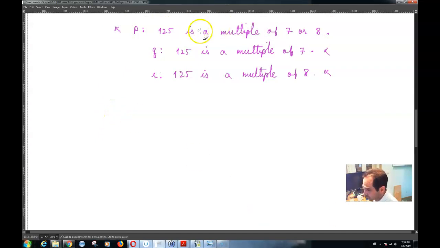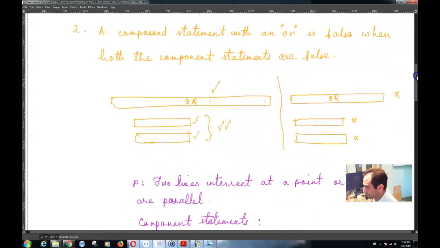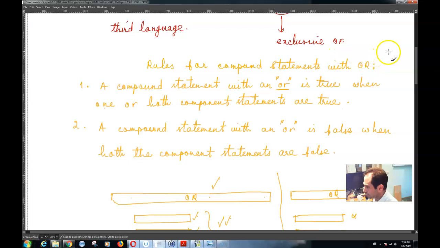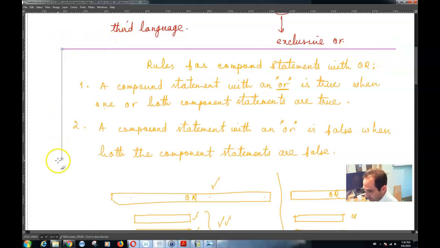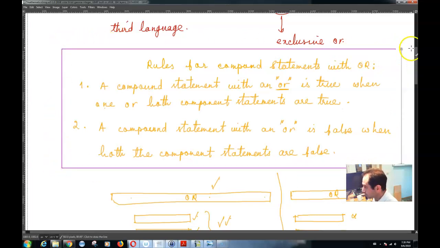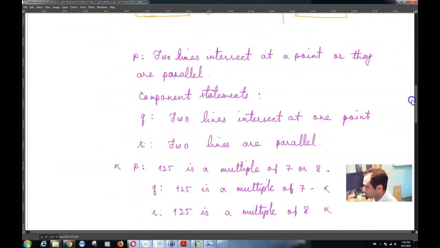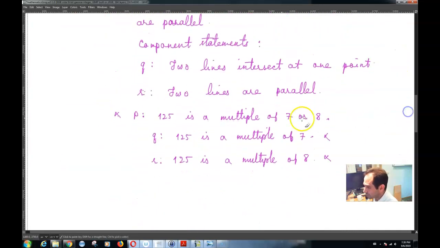Now, there is no rule to think about. Basically, these two rules that we just talked about are two rules that we can explicitly talk about. But when we talk about different situations, there is no rule to consider.